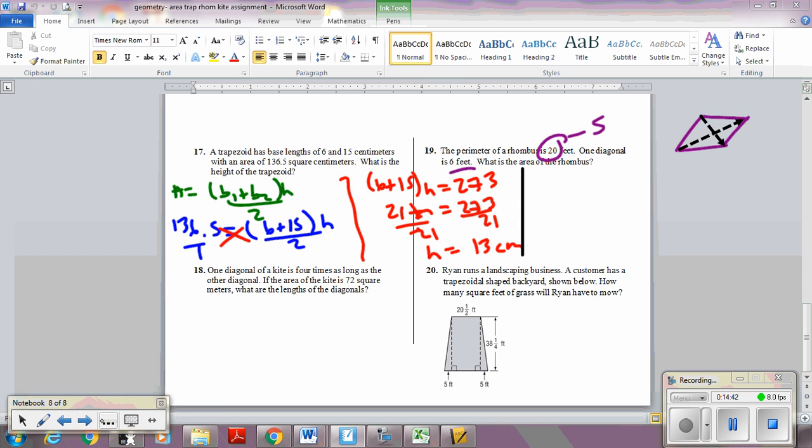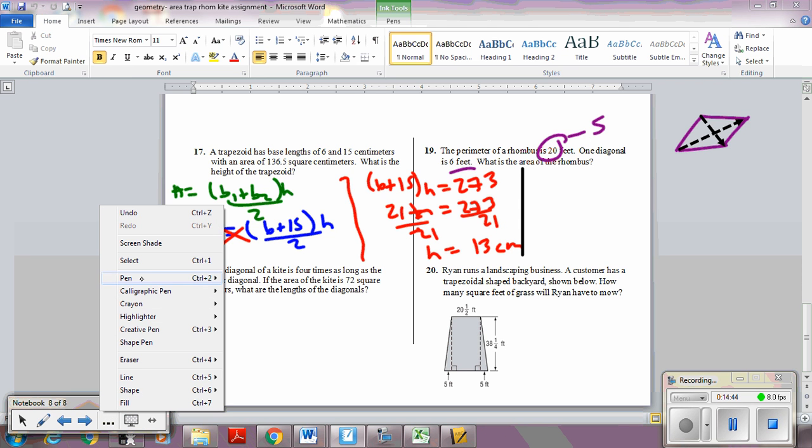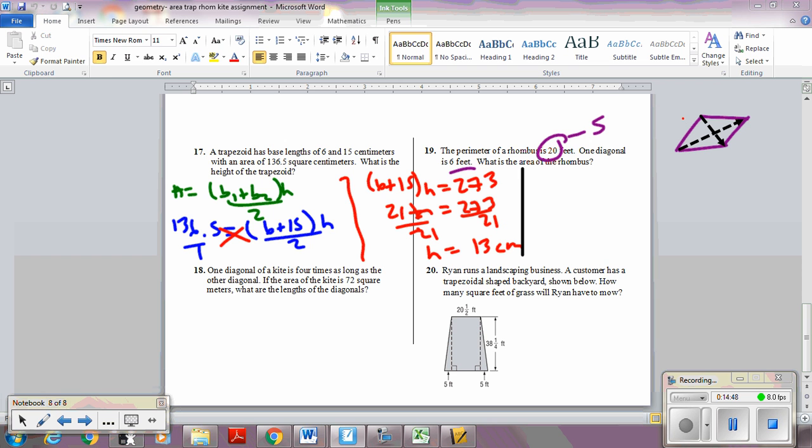And I could have drawn it bigger, and I should have. All right, so each one of these sides is 5. You know this is a right angle because it's a rhombus, and it's supposed to be. And you know that the entire diagonal is 6, so that means each part is 3.